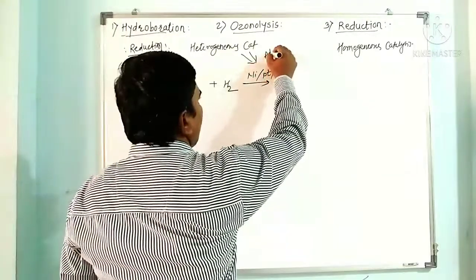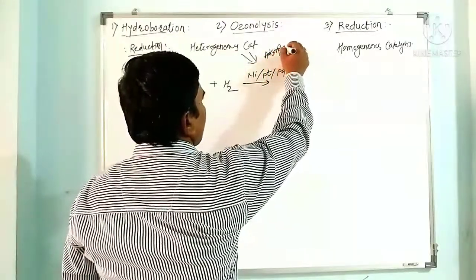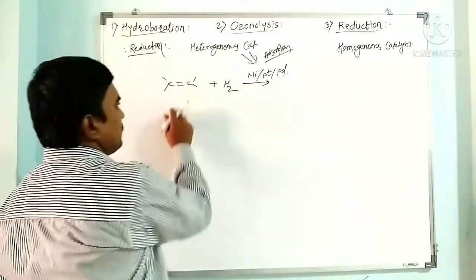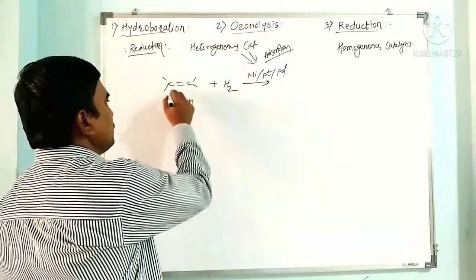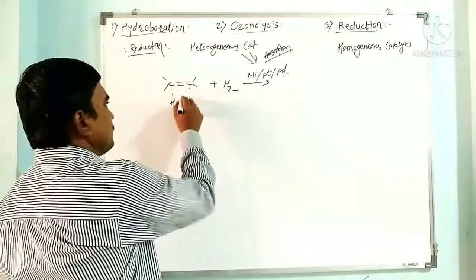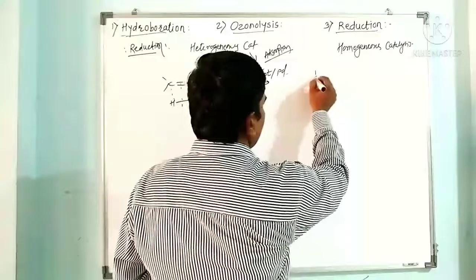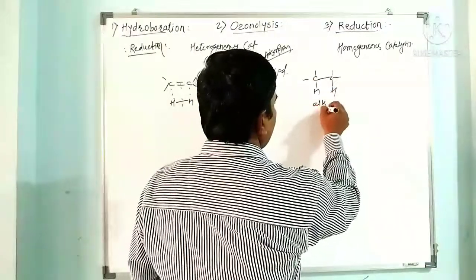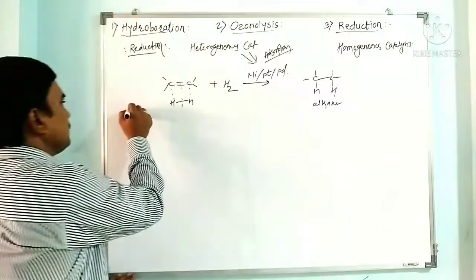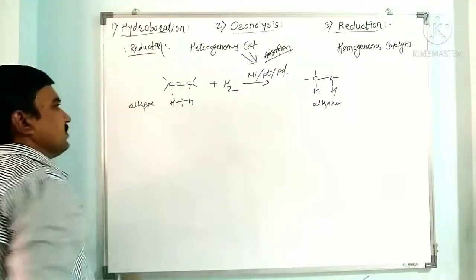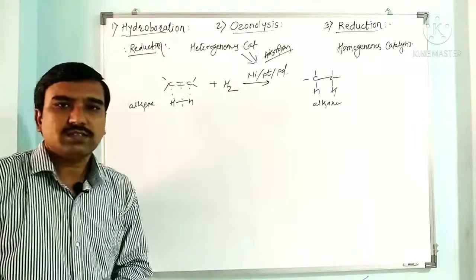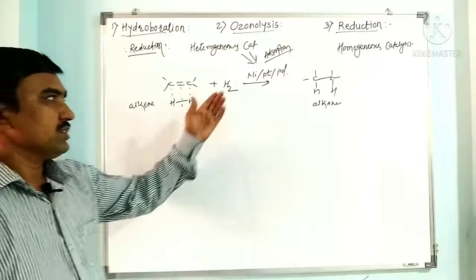So here adsorption takes place, and we get addition of hydrogen from the same side. So here we get alkane from alkene. In this way, this is the simple hydrogenation reaction. This is heterogeneous catalysis because the catalyst is not soluble.